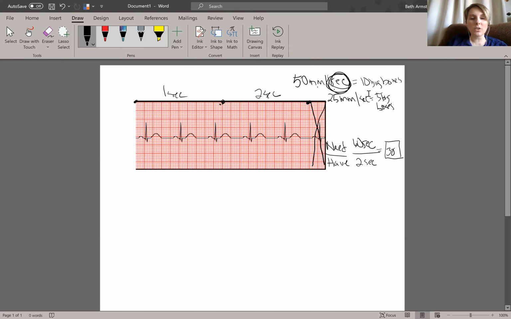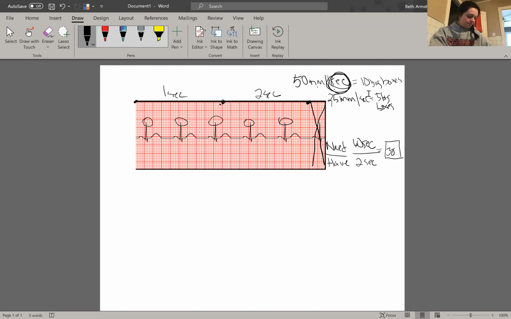Now that we have our multiplication factor, what we are going to do is count our R waves. As long as we have a P wave, a QRS, and a T wave, we can count it. If one of those things is missing, we can't count it. So how many R waves do we have? 5, right?